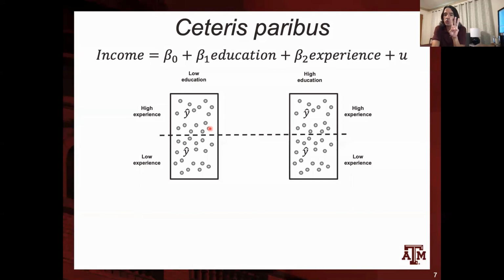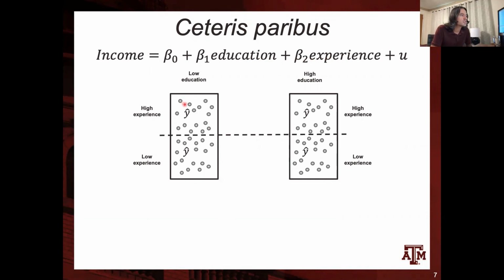And I asked them 3 questions. What's your income? Do you have high or low education, for whatever threshold I'm analyzing? Let's just think about low or high. And I ask if they have low or high experience in the labor market, right?